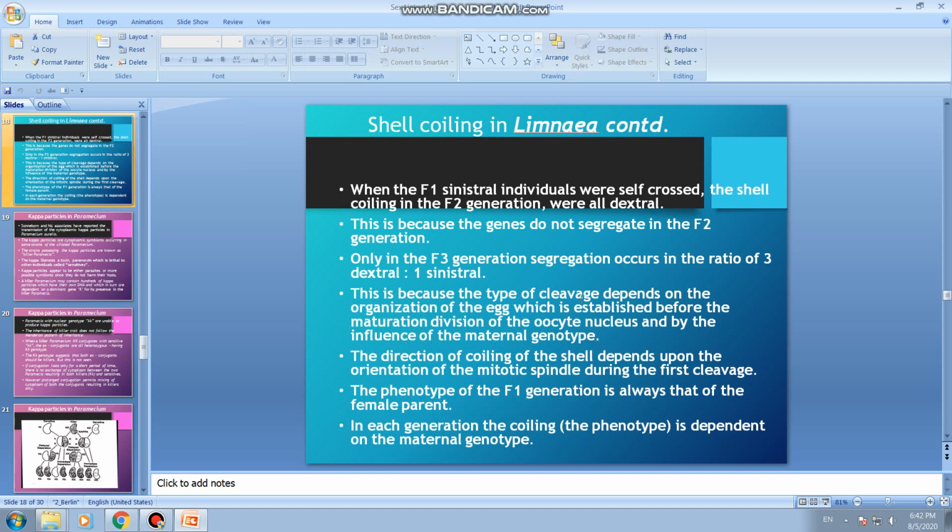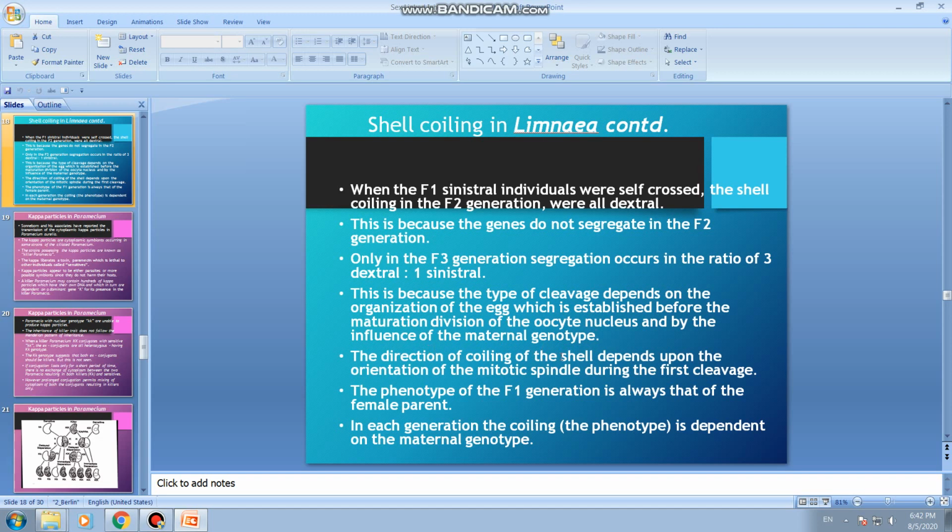So there are two important factors that determine the coiling. One is the type of cleavage, which depends on the organization of the egg, established before the maturation division of the oocyte nucleus, and the other is the influence of the maternal genotype. Both determine the shell coiling.